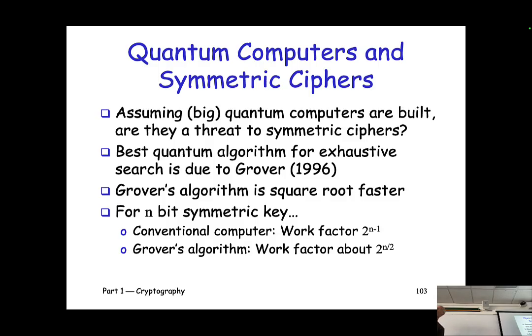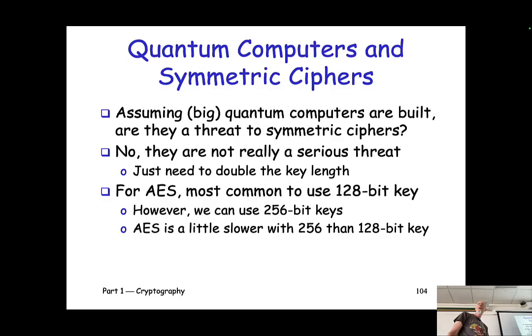But as a practical matter, what does that mean? It means if we just double the key length, right? So if we take a cipher, say we're using AES with a 128-bit key, which is very popular today, if quantum computers come into being and they're powerful enough and have enough qubits and all that, all I would have to do is double the key length.